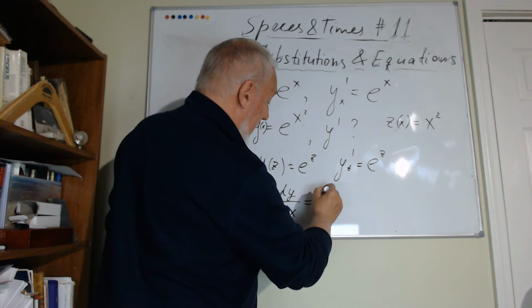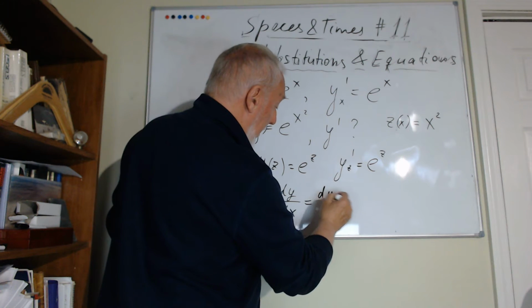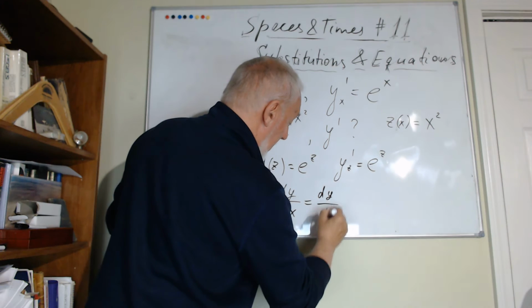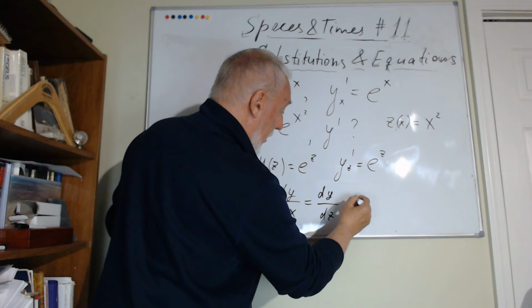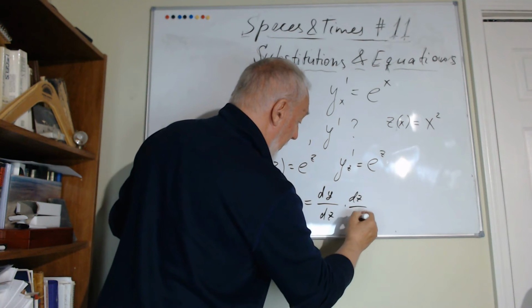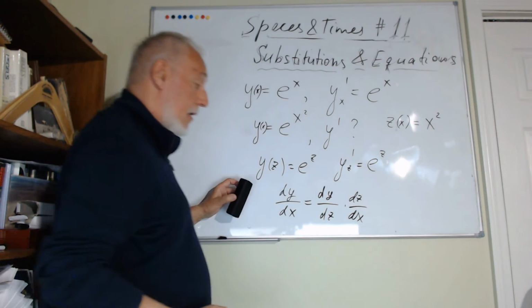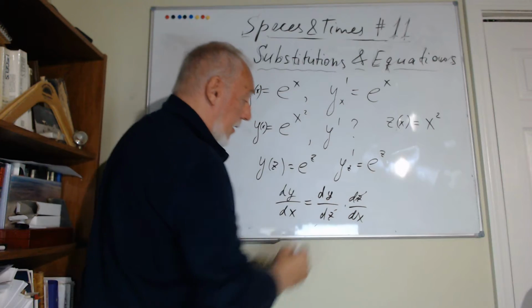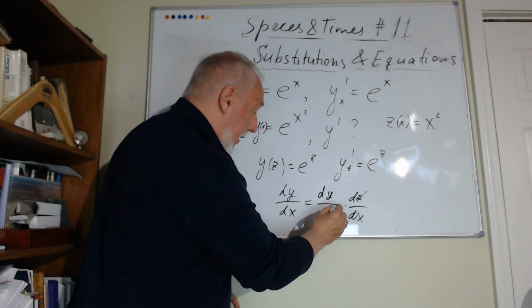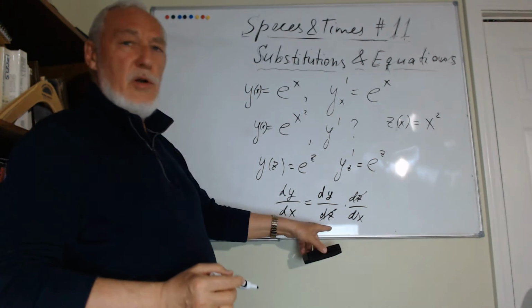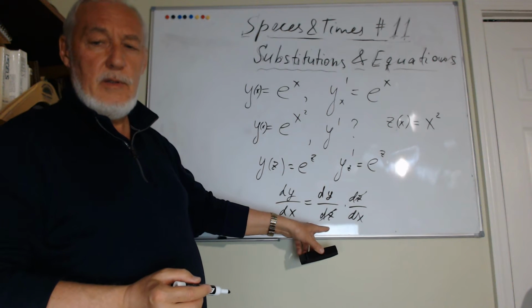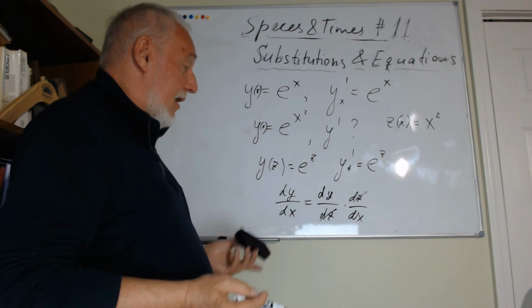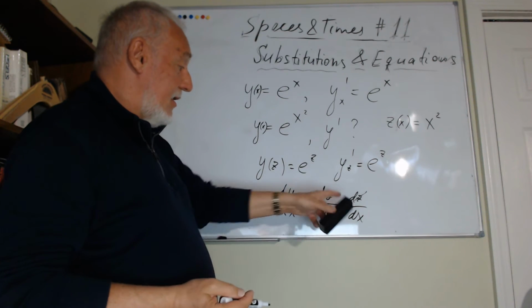We can write this as dy divided by a new variable dz, and here we write dz divided by dx. You see, it's the same, because we can cancel out. It's a little trick. So it's the same thing.